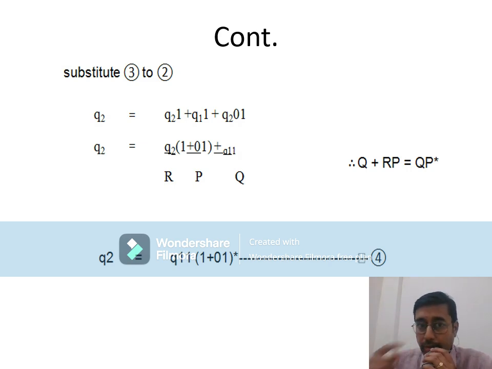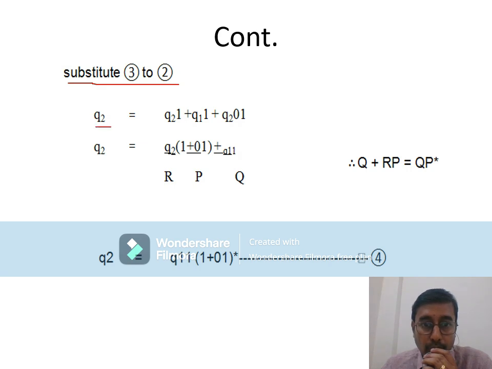If I take q1, q2 and q1 are already present, so directly I cannot form the equation and bring out the expression. So what I'm going to do is substitute the third equation into the second equation.